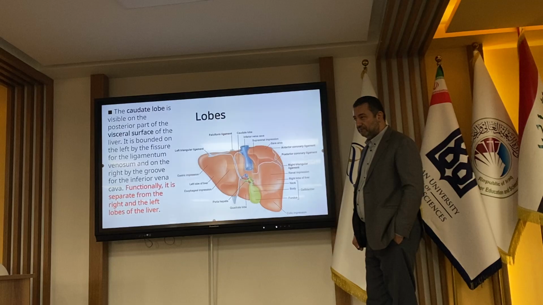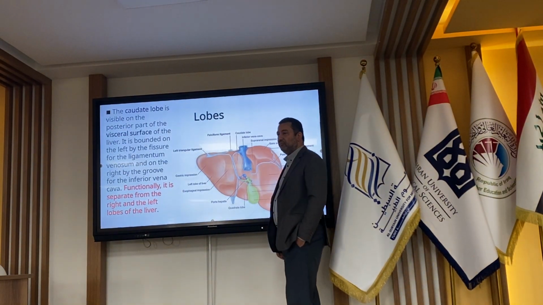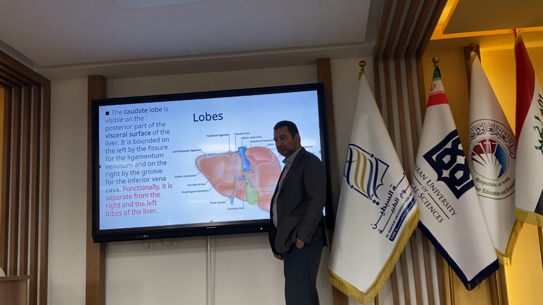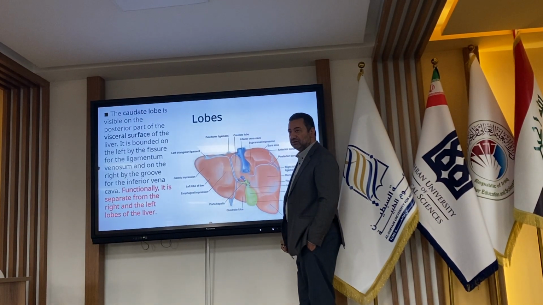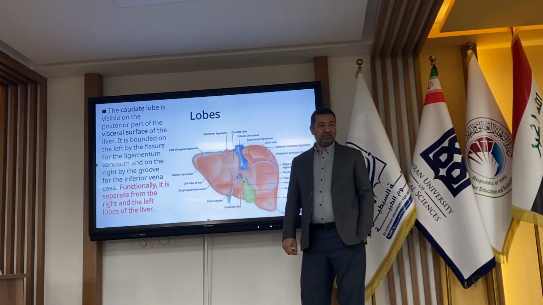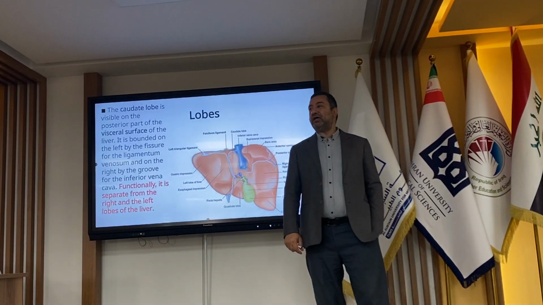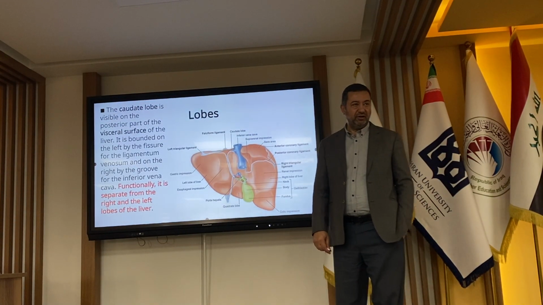If you remember, I told you the anterior part of the caudate lobe has two parts: papillary process and caudate process. The caudate process is attached to the right lobe and is located superior to the Winslow's foramen, epiploic foramen.